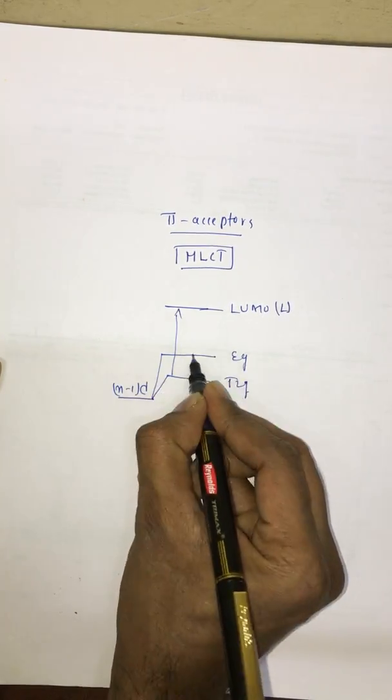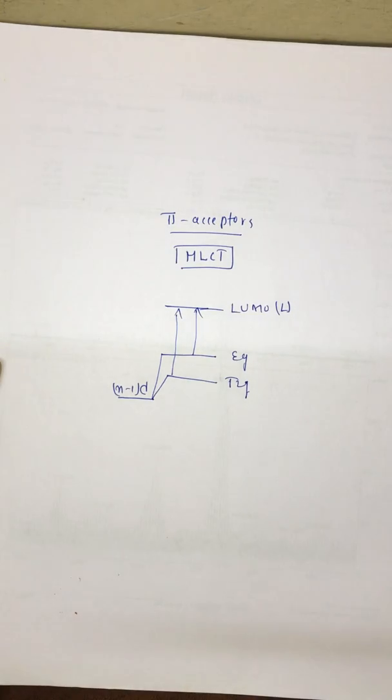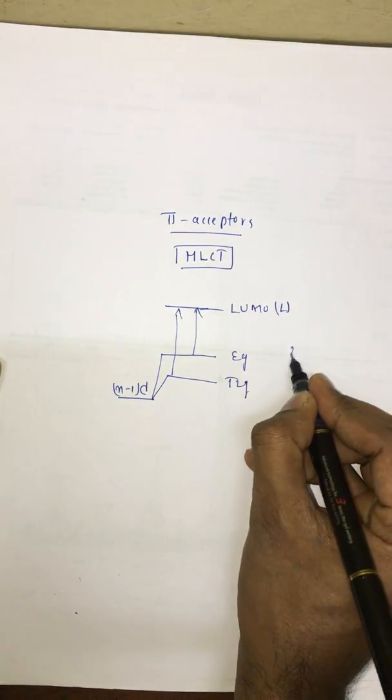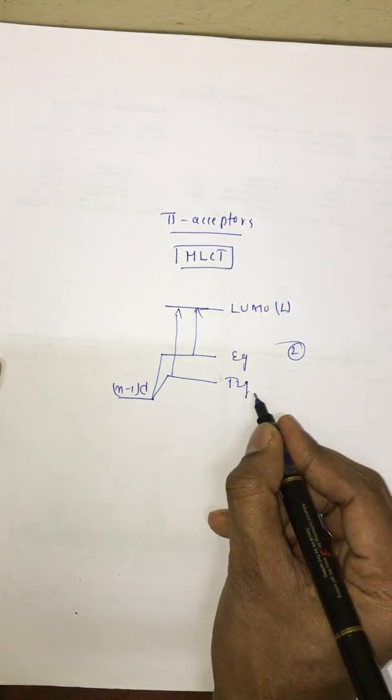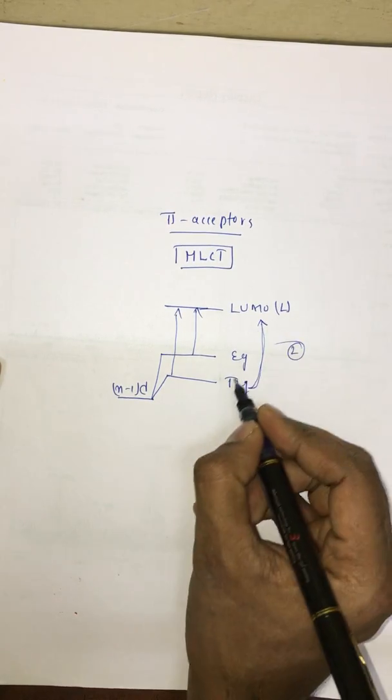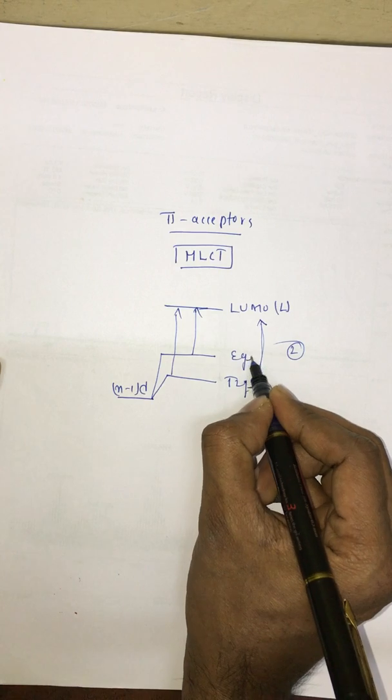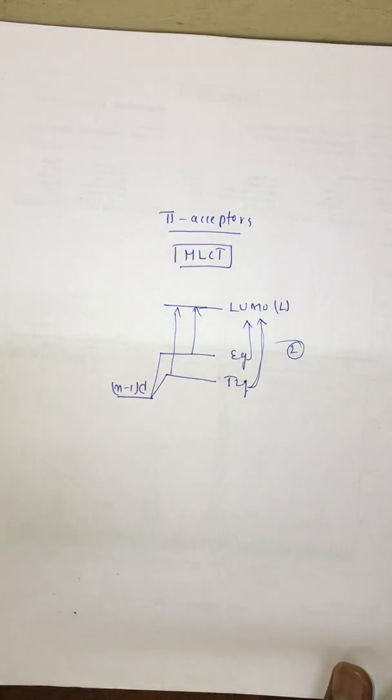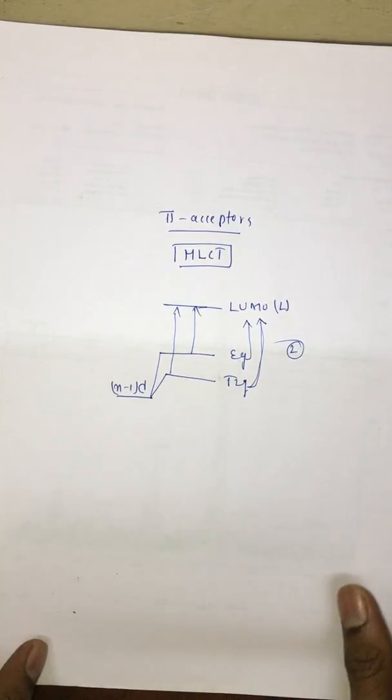So here two transitions. In pi acceptors in all the cases two transitions are possible: from T2g to the LUMO one transition, and from Eg to the LUMO another transition is possible. So this is about the pi acceptors. Mostly pi acceptors show MLCT only, and I will take some of the questions here.